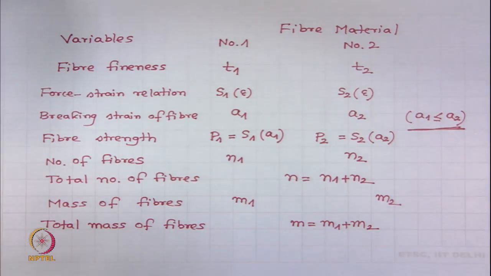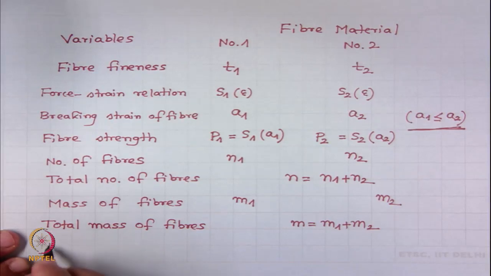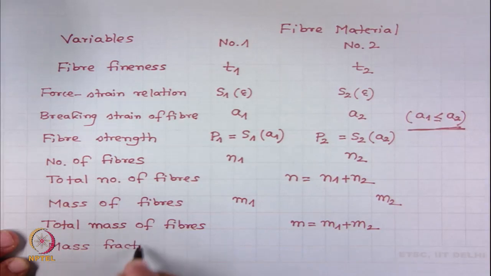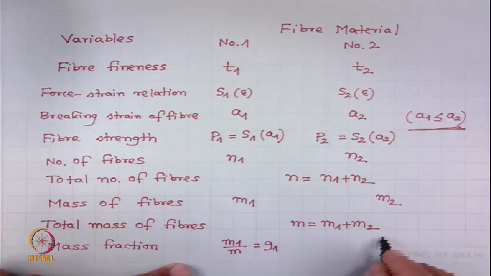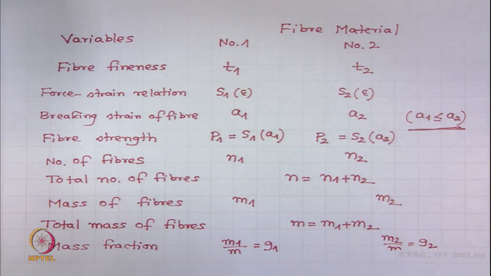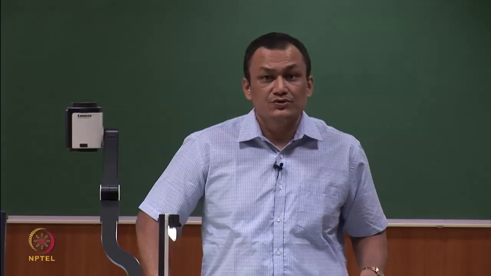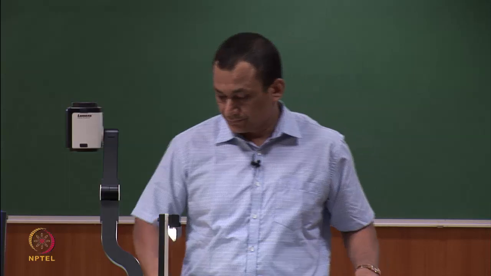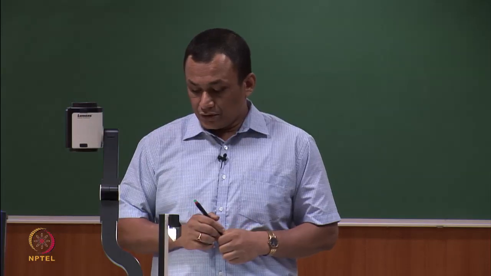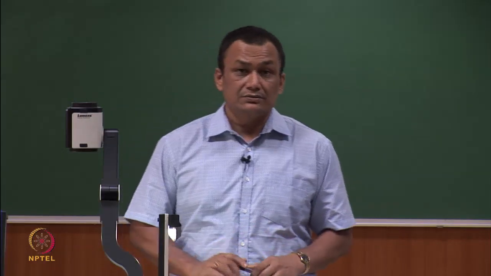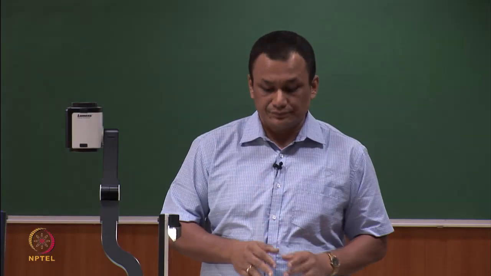Now, mass fraction of type 1 is M1 by M, let us say this is G1, and here it is M2 by M, which is G2. What will be the summation of G1 and G2? G1 plus G2 is equal to 1. So, these are the characteristics of two types of fiber, 1 and 2.